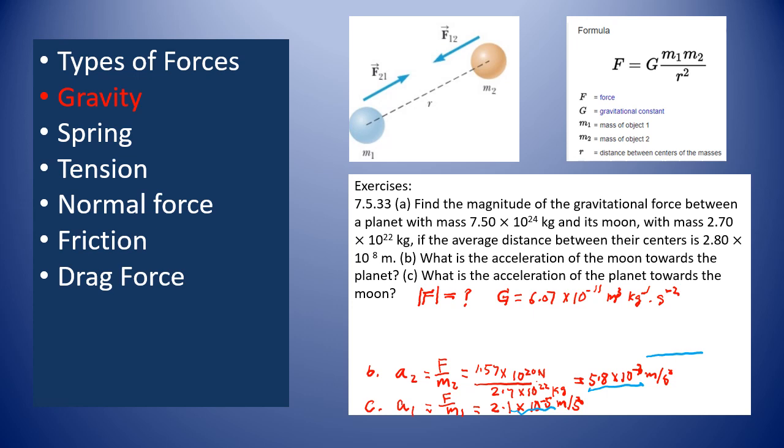Okay, and then the mass. The mass of the planet, I will call it mass 1. It's the larger object. It's 7.5 times 10 to the 24 kg. And the second object, mass 2, is 2.7 times 10 to the negative 22 kg.